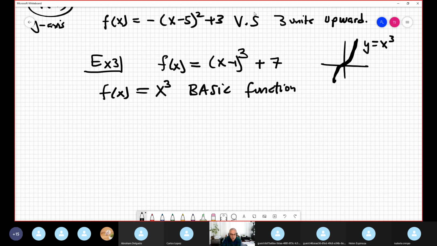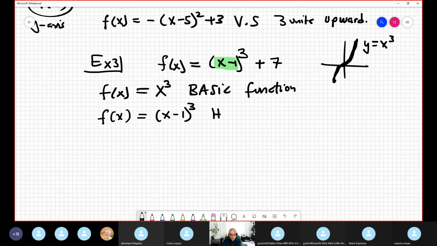Now, what's the first transformation? Well, the first transformation obviously is this, according to the order of operations, x minus 1. Let me put f of x equals x minus 1 cubed.